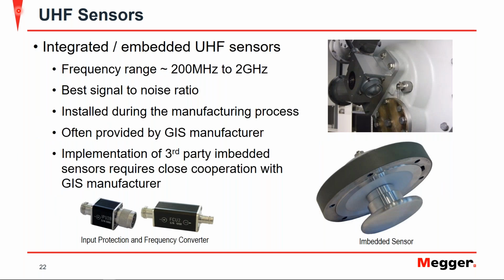Then finally, for UHF sensors, there are the integrated or embedded UHF sensors. These have a frequency range of about 200 megahertz to 2 gigahertz and offer the best signal to noise ratio due to the fact that they are internally decoupling the UHF signal. They are embedded into the GIS system and allow for direct decoupling of the UHF signal as it propagates through the GIS.